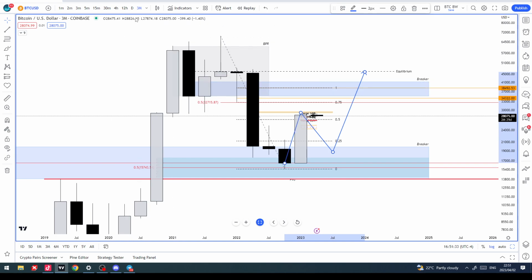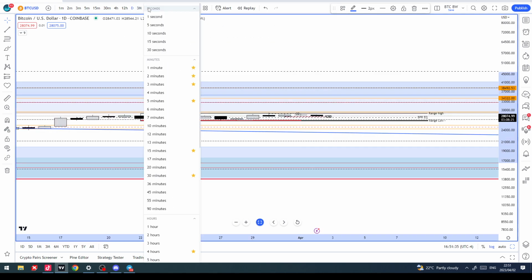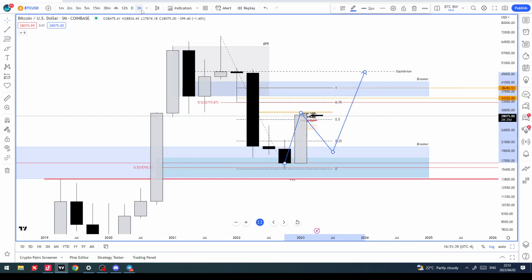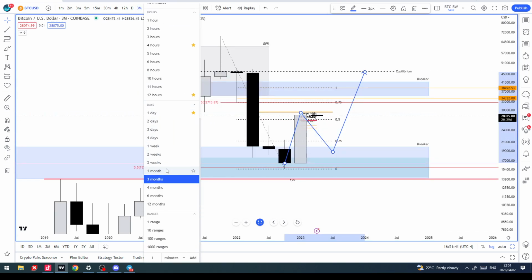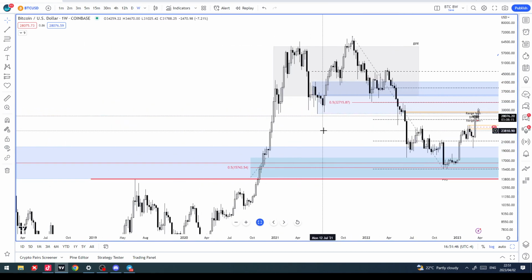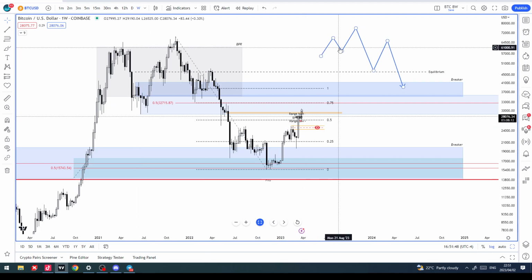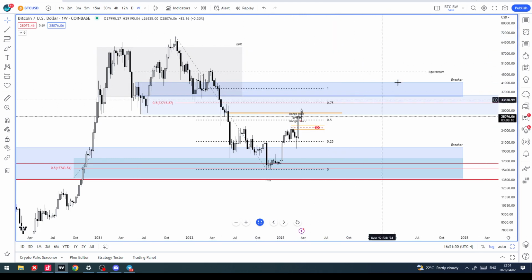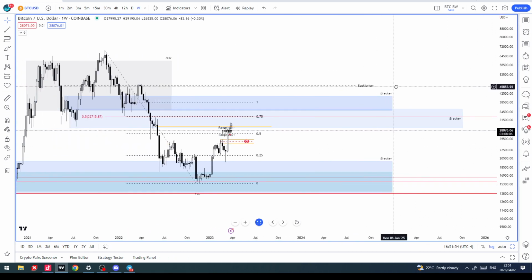Sir, 33,000, if you're looking for a breaker. Here's the breaker. On a weekly or monthly or what? On this one, on three months. There's a breaker all the way up here, and a breaker down there.